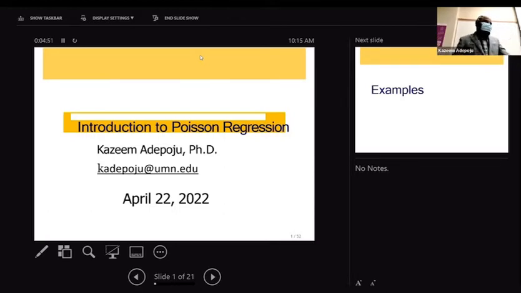When the response variable is continuous, the predictor could be continuous, categorical, or a mixture of the two. We can still use linear regression, provided other assumptions hold, like linearity, normality, constant variance, absence of an outlier, and so on. Now, in a situation where the response variable is still continuous, but the predictor variable is categorical, then I can use analysis of variance.